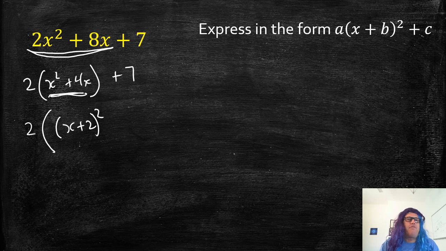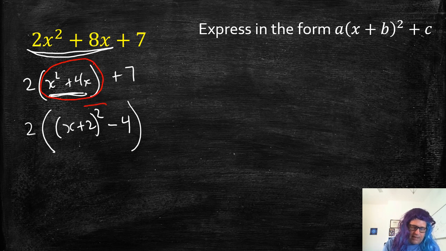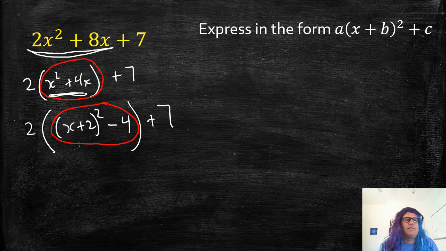It's always half of 4. And then I'm always going to minus that 2 squared, which is 4. So the part in red is exactly the same as that. I've completed the square on x squared plus 4x. Now, I still have my plus 7 tagging along outside the brackets.